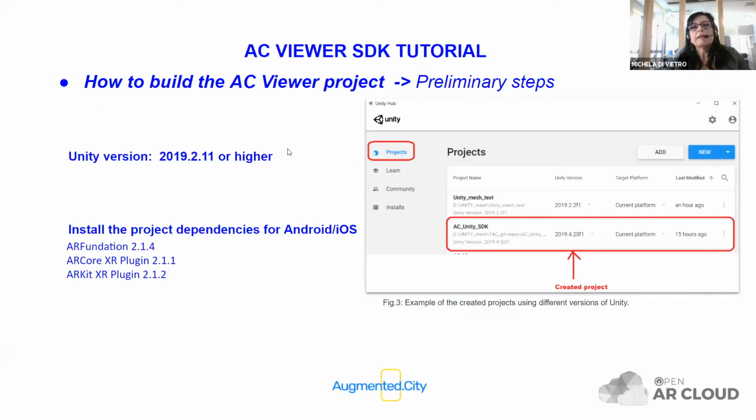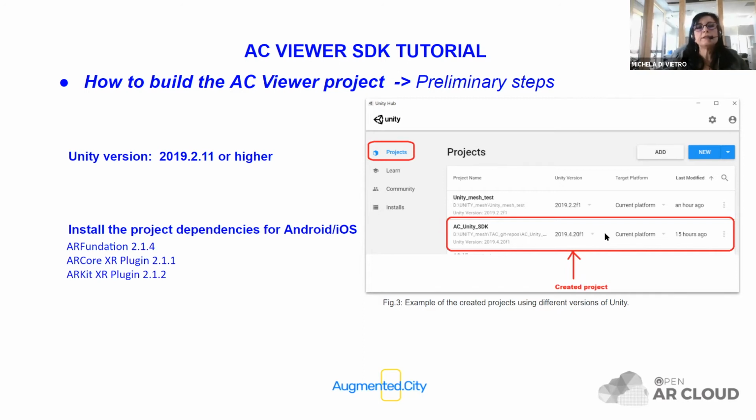Well, here are listed some preliminary steps. Just using Unity Hub, open your downloaded project, and clicking this arrow, you can also select several other versions of Unity.